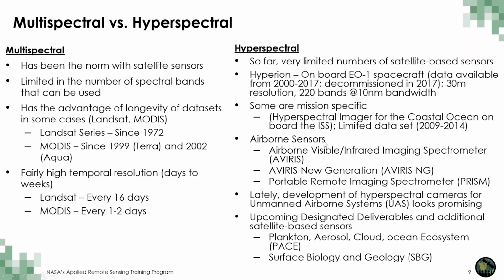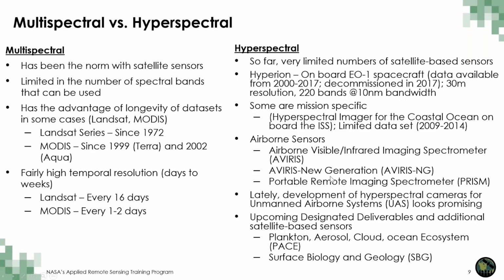Now, there are hyperspectral sensors that are airborne, and we also mentioned AVIRIS, the Airborne Visible Infrared Imaging Spectrometer. There's a new version of AVIRIS called AVIRIS New Generation, or AVIRIS-NG, and also the PRISM spectrometer, the Portable Remote Imaging Spectrometer, that has also been flown in some missions, particularly some missions related to coastal ecosystems.